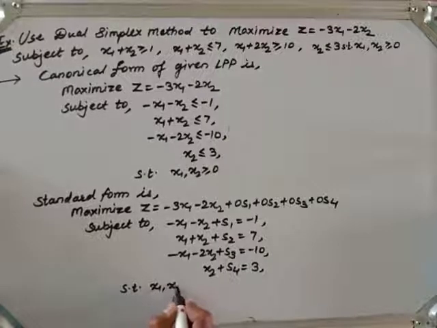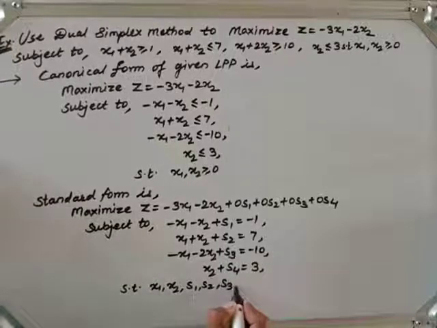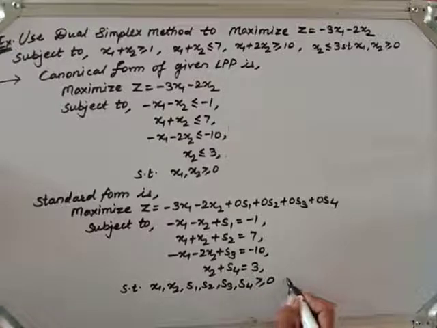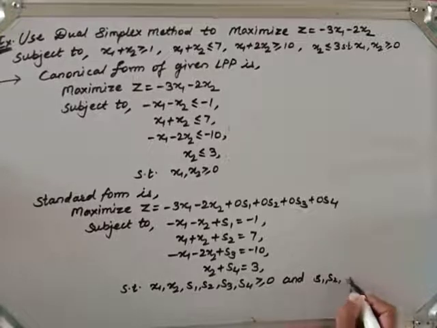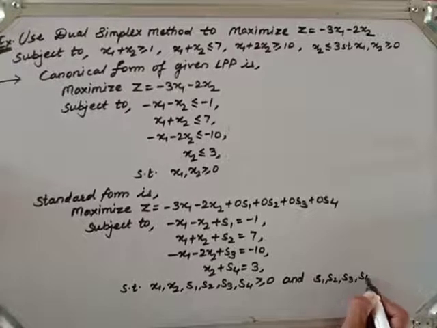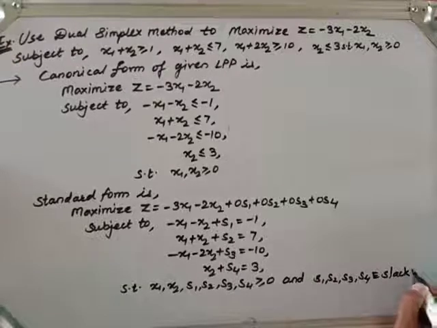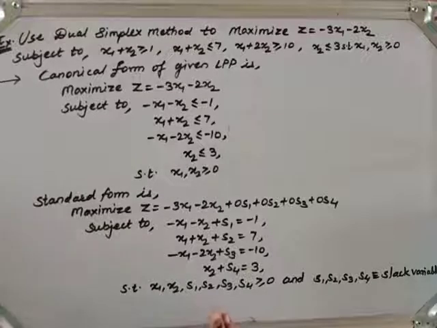such that x1, x2, s1, s2, s3, s4 all are greater equal 0, and s1, s2, s3, s4 are slack variables. Now this is the standard form.